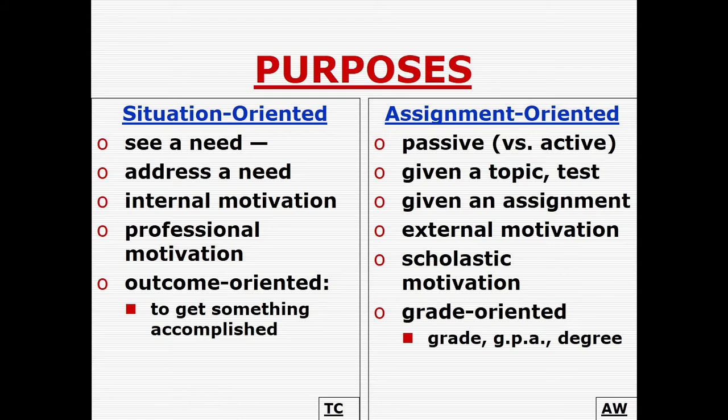But the purpose of academic writing is more assignment oriented. It is more passive versus active, where you are given a topic or test. You're given an assignment, and it is more on external motivation, scholastic motivation, and grade oriented.